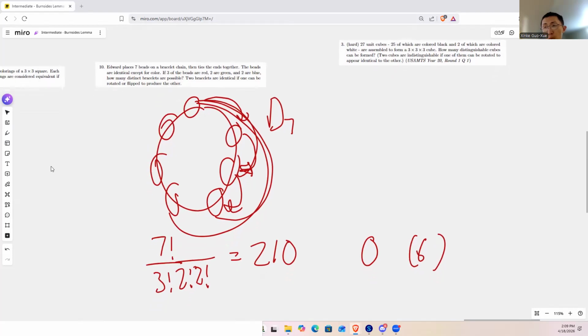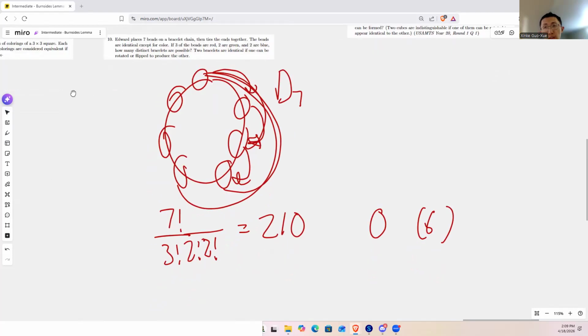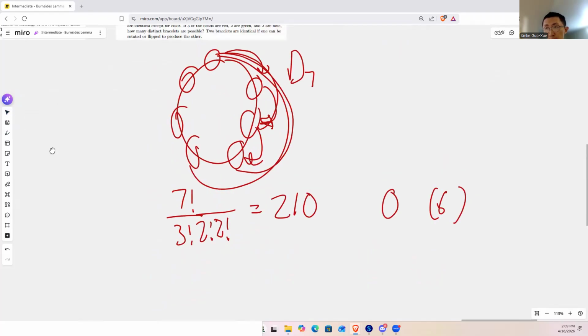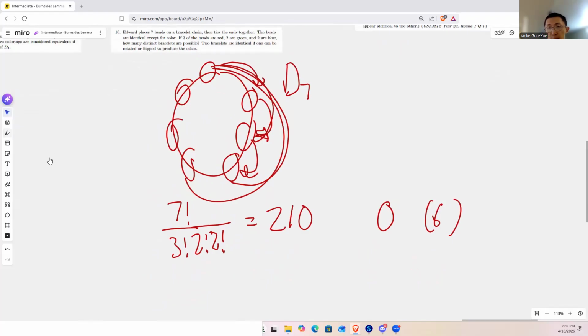Then we could reflect, right? So how could reflecting give us back what we want? We have 3 red, 2 green, 2 blue.